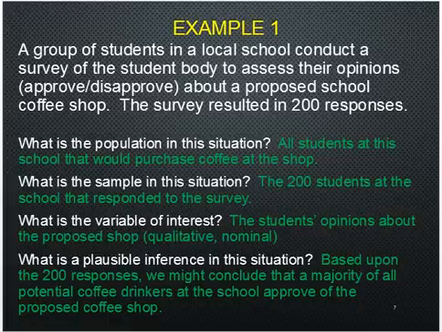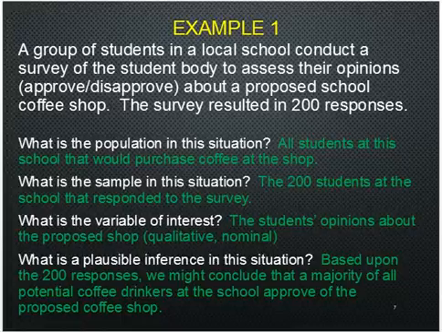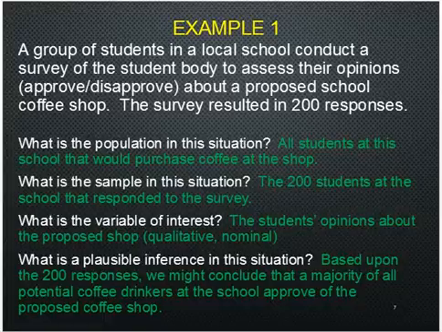So here's a plausible inference: we might conclude that a majority of all potential coffee drinkers at the school approve of the proposed coffee shop. Note that you don't have the data, but if you did, and if it showed that the students were in approval of the coffee shop, that would be a plausible inference.